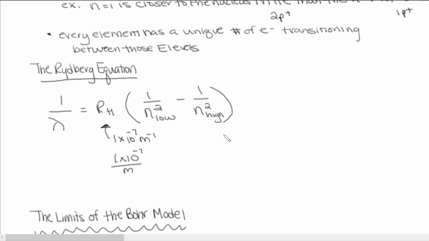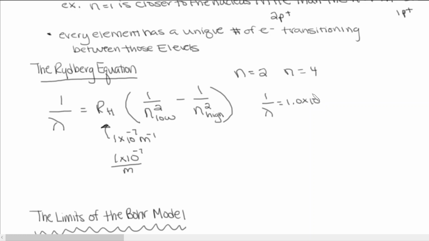The practice problem says, calculate the wavelength for the spectral line that we are going to see when the electron transitions from the 4th energy level down to the 2nd energy level. So it's telling us the transition happened between n equals 2 and n equals 4. So it's dropping from the 4th to the 2nd. So all we have to do is a little bit of algebra, which I know can sometimes be a struggle for some of us.